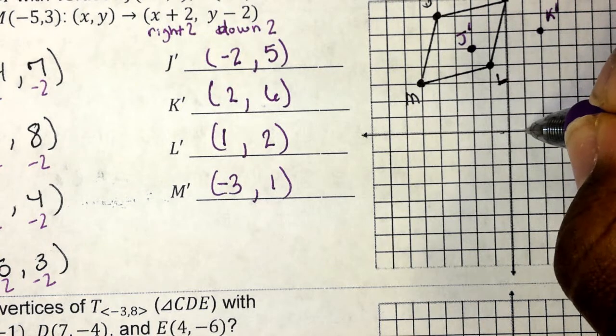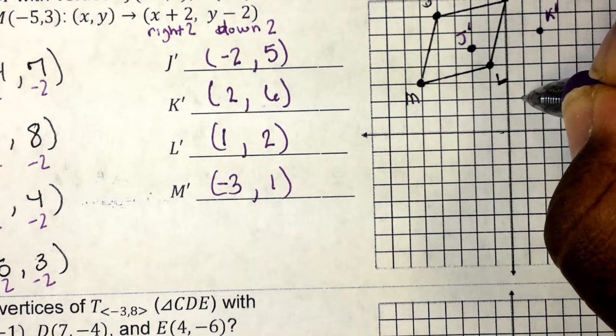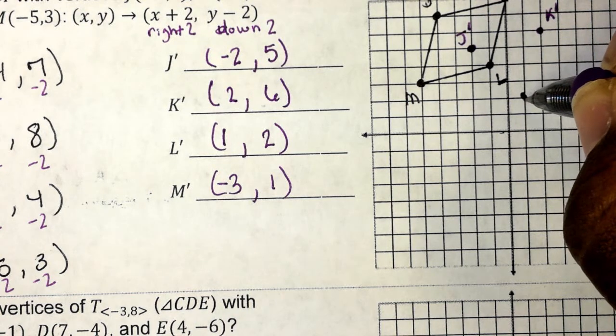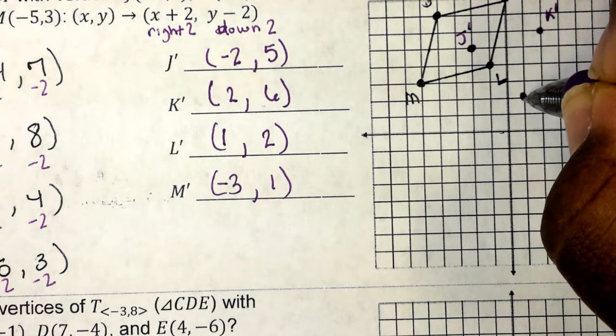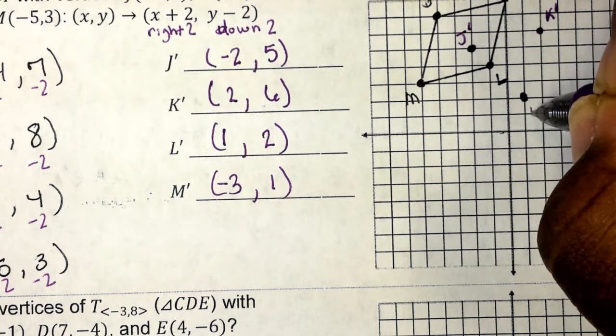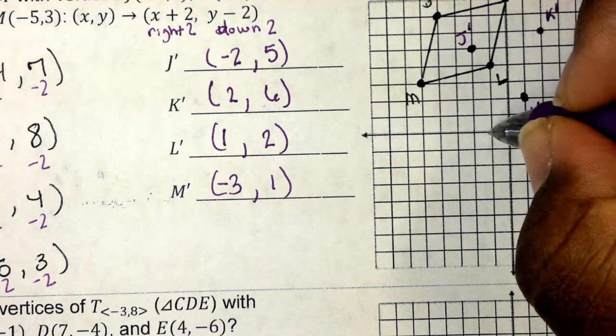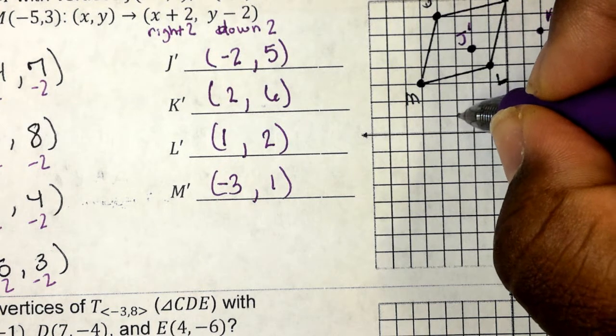J' is at 1, up 2. M' is at negative 3, up 1.